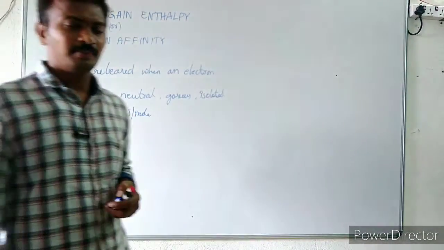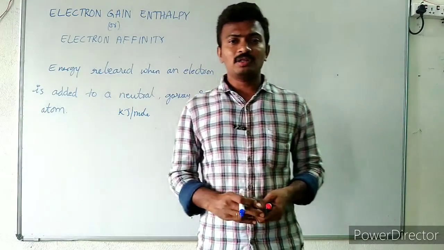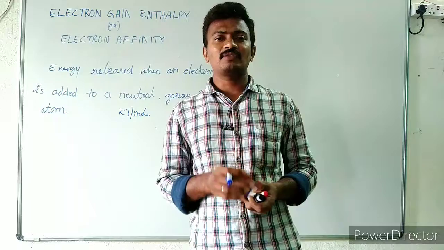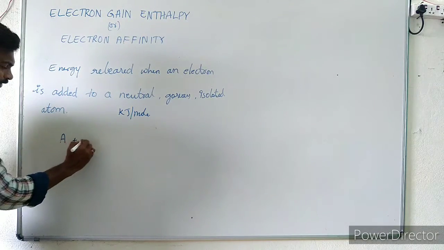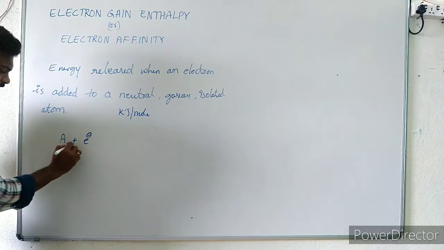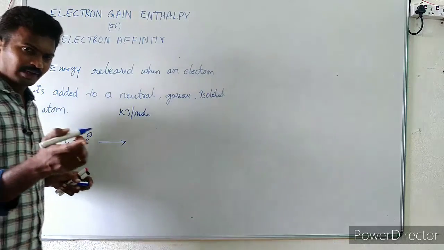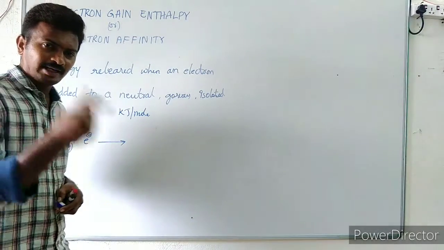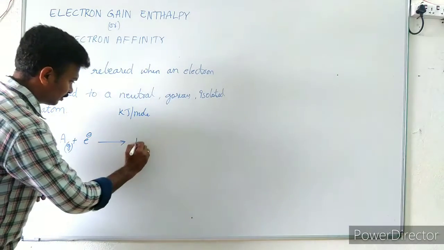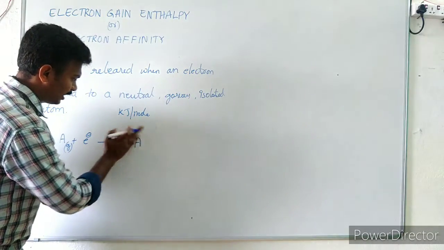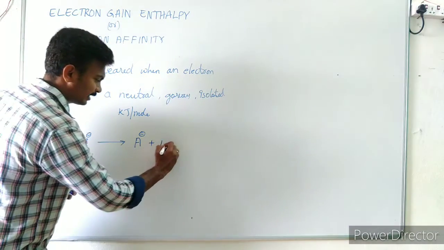So here also the factors affecting electron gain enthalpy are very similar to the factors affecting ionization energy. Let us take an atom A. To this we are adding an electron, and this is a gaseous atom. Now by adding an electron, what happens? We have already discussed. By adding an electron to a neutral atom, it gets converted into an anion, with the liberation of some energy.